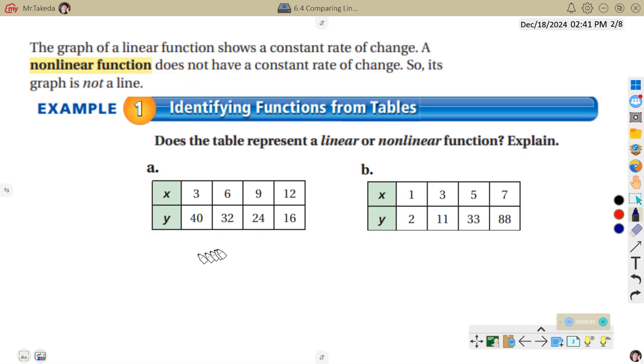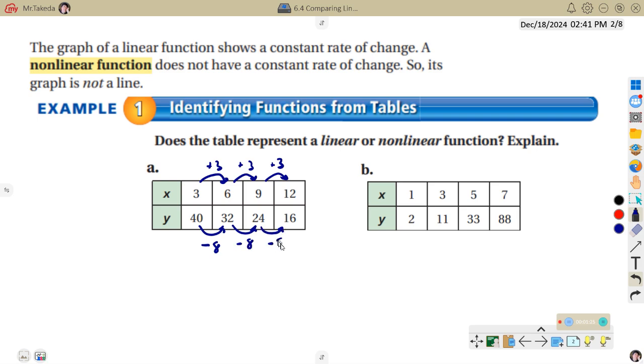So let's take a look at this example here. First thing we want to make sure is that we have a common spacing between our input values. So all of these are increasing by 3. These are all decreasing by what? -8.